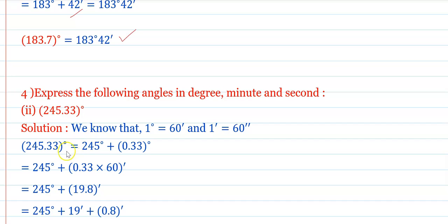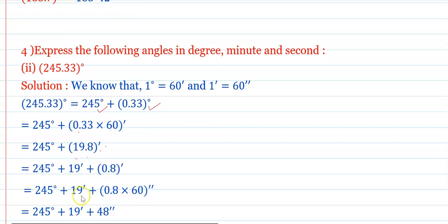Next, 245.33 degree. Again 245.33, that is 245 plus 0.33 degree. Again 0.33 degree into 60, that will be converted into minutes. That is 19.8. The multiplication is 19.8, you can do that multiplication. 19.8 minutes. Again 19 minutes is a complete integer here. Next 0.8 is minute.